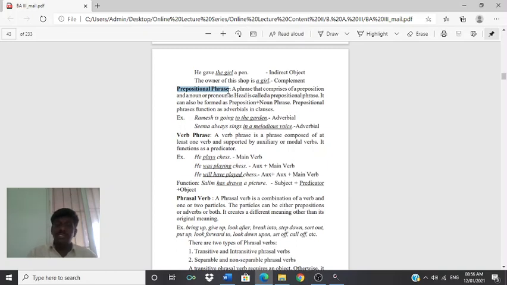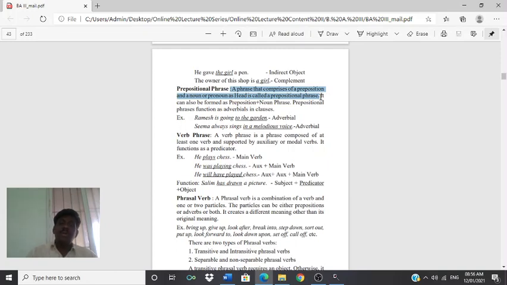See, a phrase that comprises a preposition and a noun or a pronoun as a head is called a prepositional phrase. See, the structure of this prepositional phrase is a different one. Preposition plus noun or pronoun as a head is called a prepositional phrase.